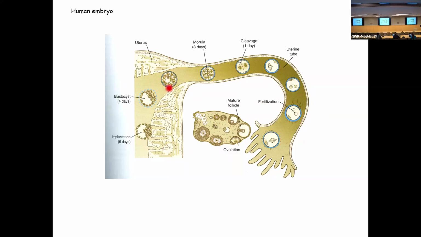The zona pellucida, at some point, because of the pressure of all the cells that are compacted inside, breaks up. And the egg emerges out of the zona pellucida at the blastocyst stage, typically, the last stage where the cells are segregated.